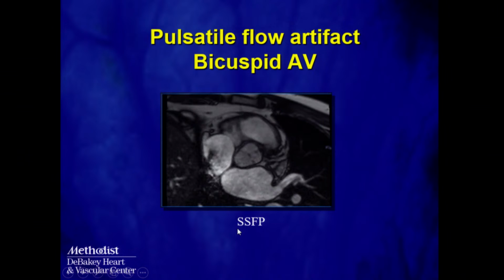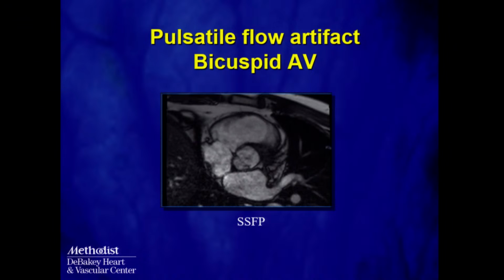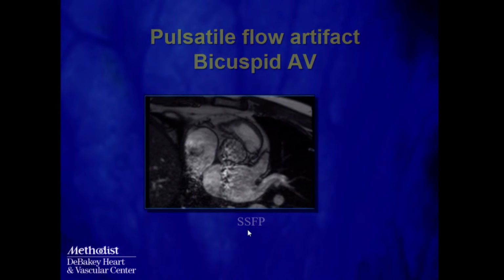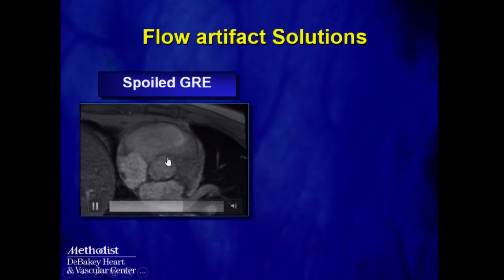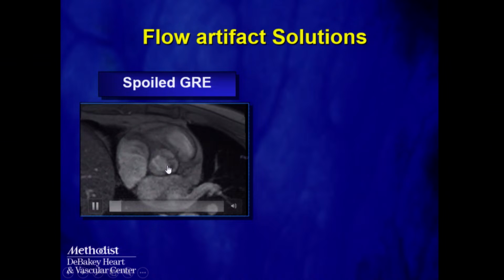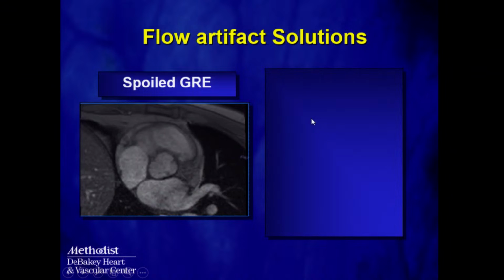Every time the valve opens, you get what some people call pulsatile flow artifact. One of the ways we get rid of it, instead of using the workhorse of steady state free precession, is to switch to something called the gradient echo. It has a lower resolution, but notice how now the signal to noise ratio is much better. I can nicely see the opening of the valve, I can nicely see the commissural fusion, and I no longer have that quote unquote pulsation artifact.